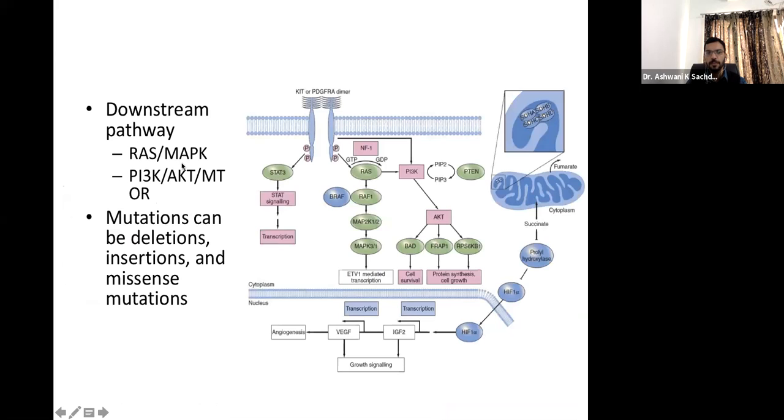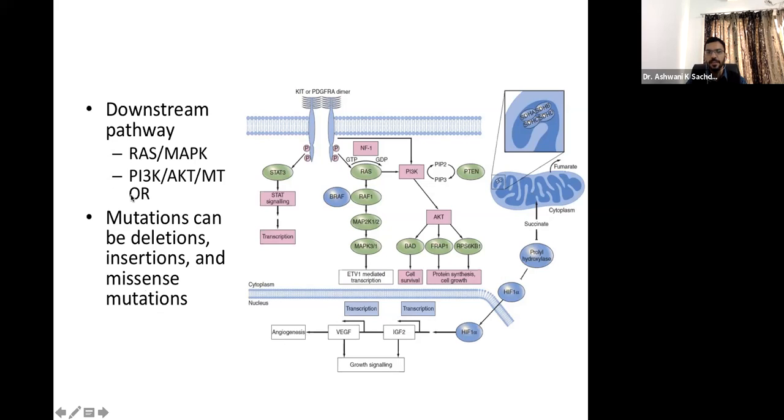So downstream pathway is activated. The main downstream pathways are RAS, RAF, MAP kinase pathway, and the PI3K, AKT, mTOR pathways. They are usually involved in protein synthesis, cell growth, cell survival. Usual mutations are deletion, insertion, and missense mutations.